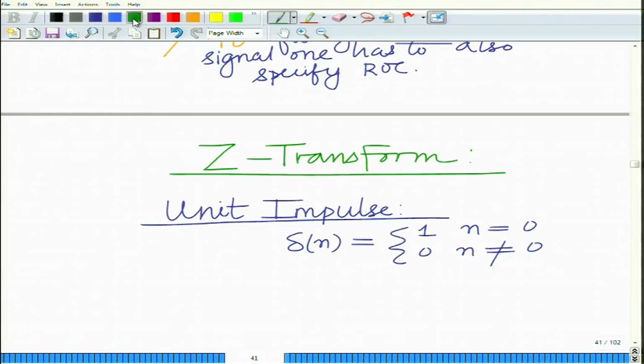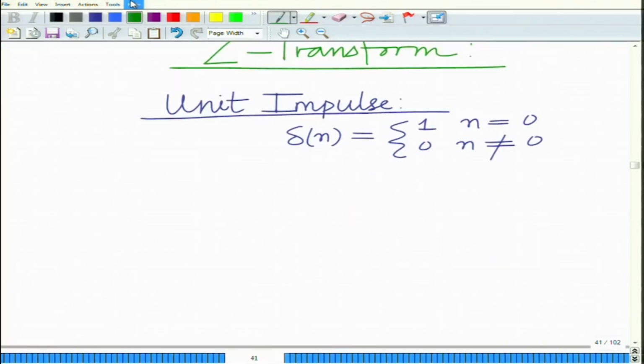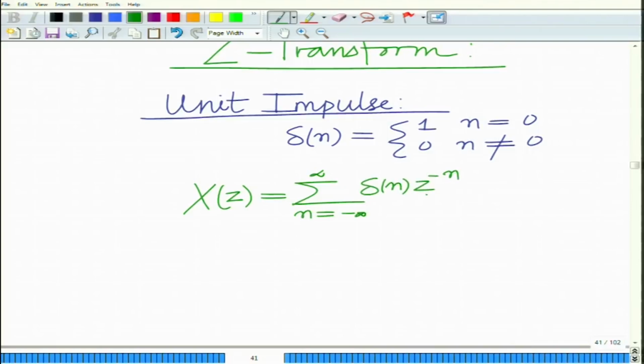Then X(z) equals summation n equals minus infinity to infinity delta[n] z^(-n), which is non-zero only when n equals 0, where it is 1.